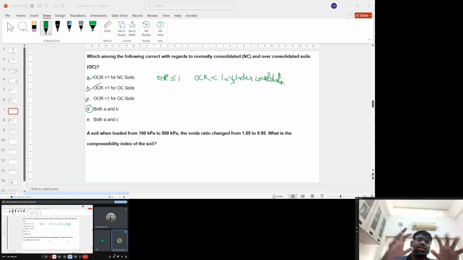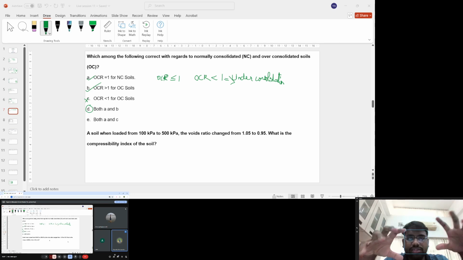That is where the nomenclature confusion revolves. Commonly, NC means the applied pressure is lesser than the pre-consolidation pressure, and that behavior is treated as one type, and above that is over consolidated behavior, treated as the other. So there are only two divisions, but the definitions speak otherwise.